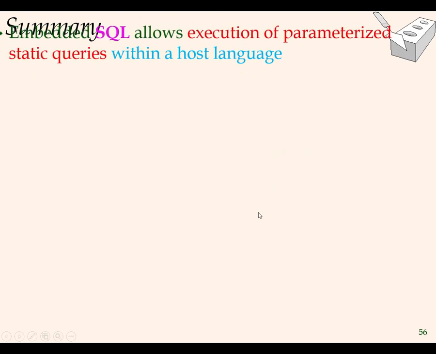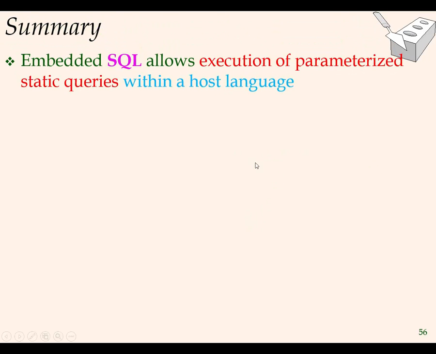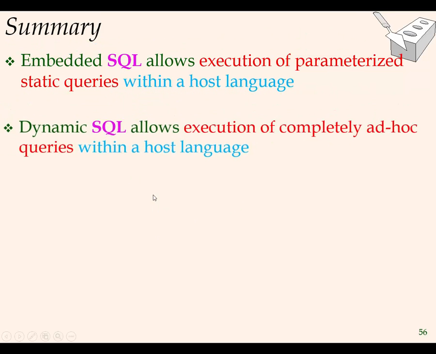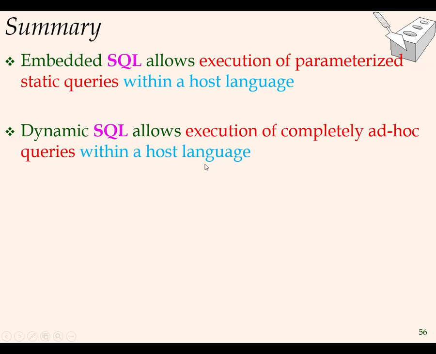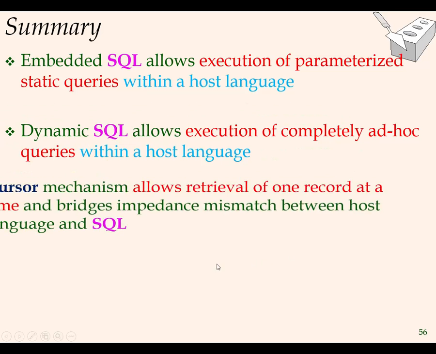So today we looked at application development using a database backend, and we looked at embedding SQL in the host language. We looked at dynamic SQL, if you want your SQL ad hoc, so you create the queries on the fly.